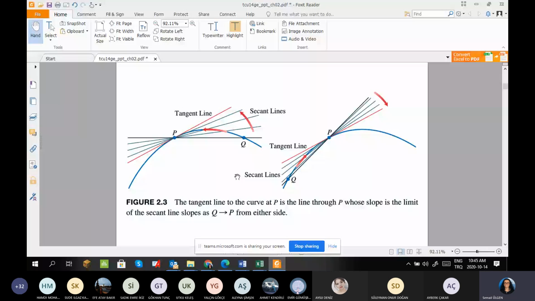So we are still trying to answer that question. I told you that you just make a table and look at the value, and the instantaneous speed is going to be close to that value. We didn't say it's exactly that, but now we are going to show that the instantaneous velocity at a point is related to the slope of a tangent line.